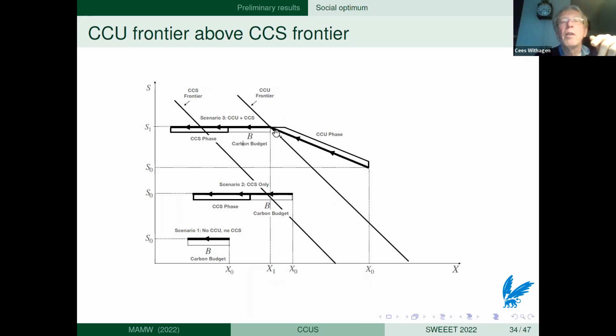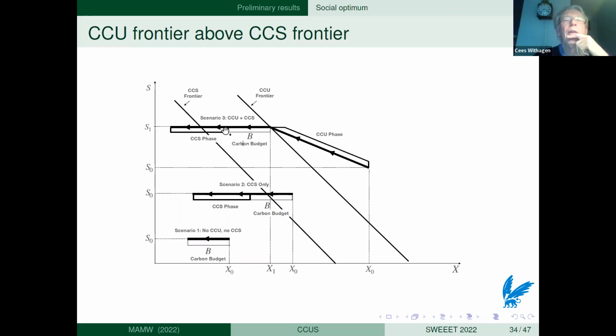And so here the stock of CO2 is constant because we are compensating all CO2 emissions. And then we are going to increase the stock of CO2 during this period of time to exhaust the budget.